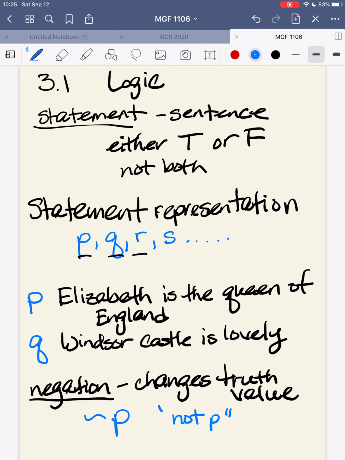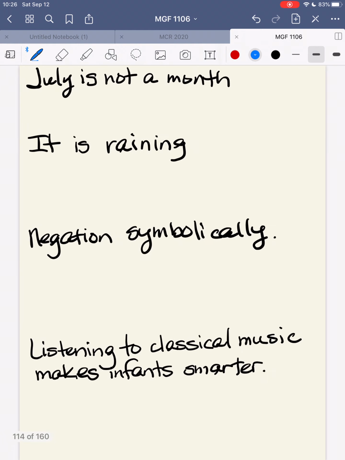So when we have p, the negation is not p. The negation of Elizabeth is the Queen of England would be Elizabeth is not the Queen of England. Pretty straightforward.